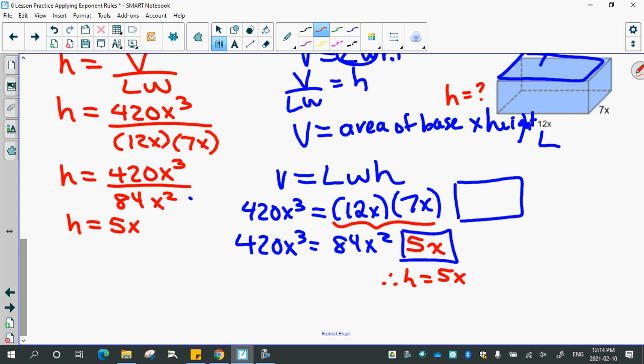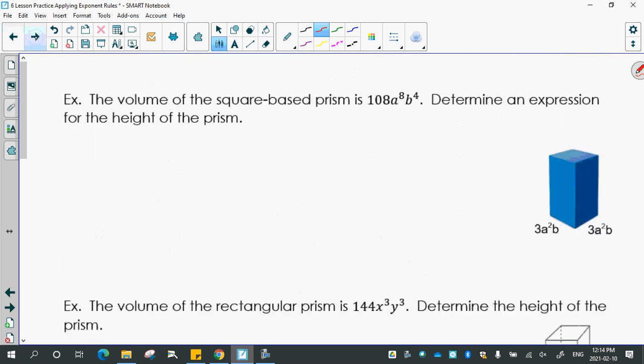All right, so now we're going to go back to the second page. So, this page. The volume of the square-base prism is 108a to the 8th, b to the 4th. Determine an expression for the height of the prism. Now they're getting a bit harder because the exponents are a bit harder. Yes, you may.